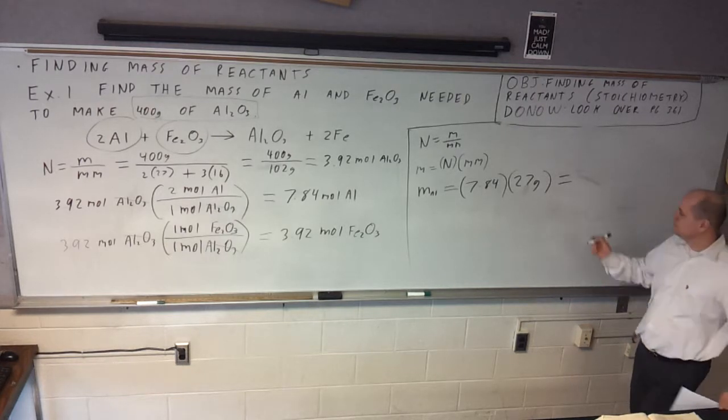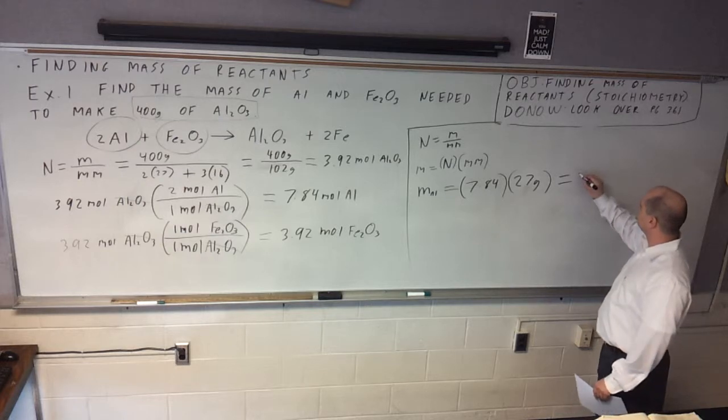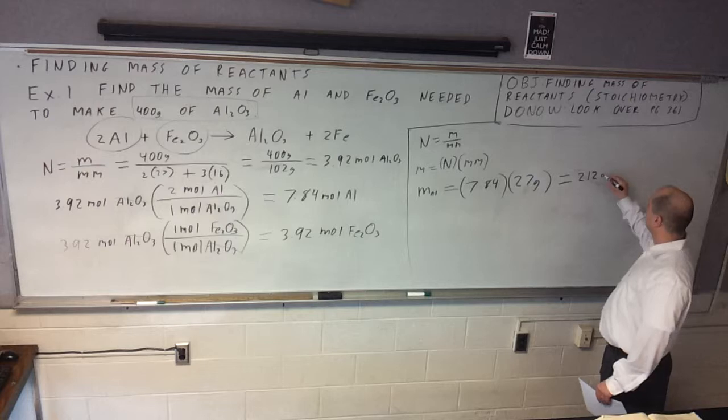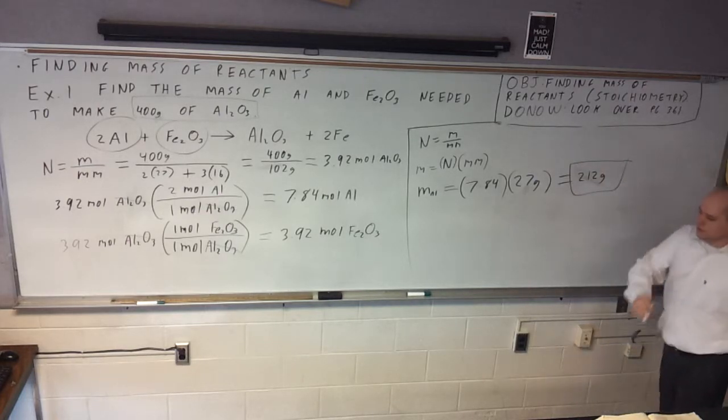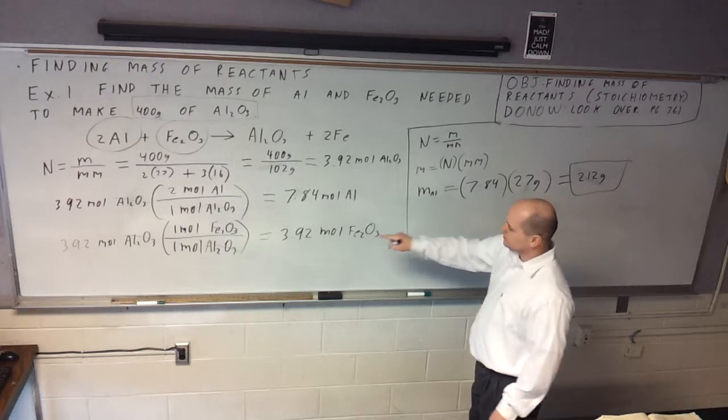It's 211.60. Okay, so let's just call it 212 grams. So this is the mass of aluminum needed.